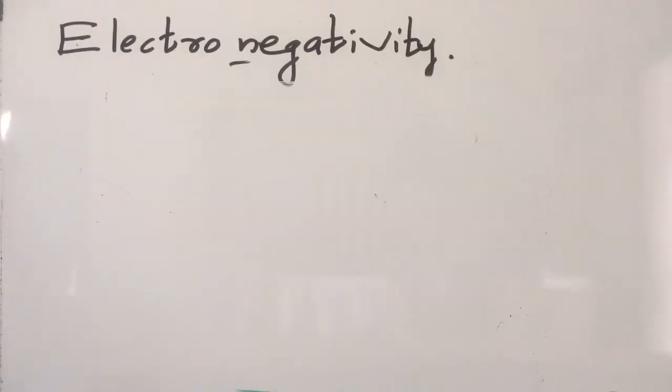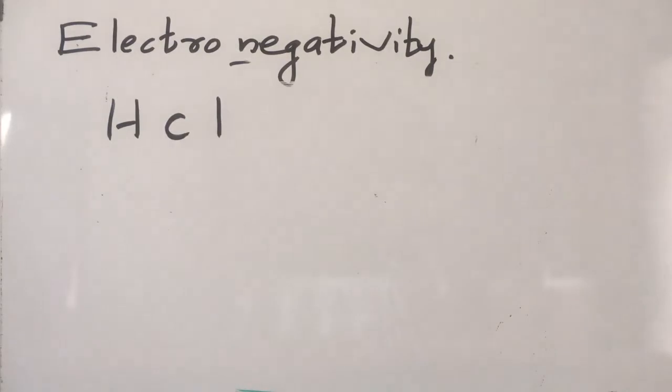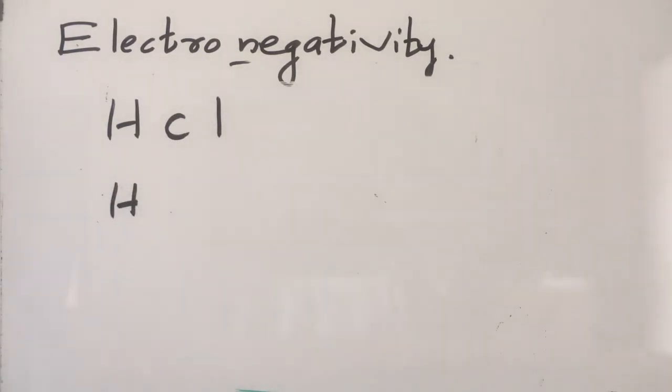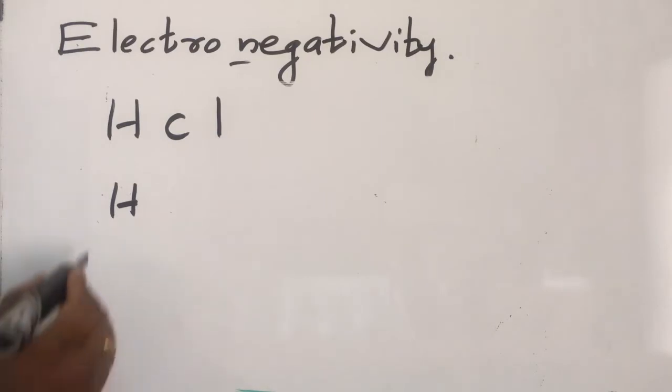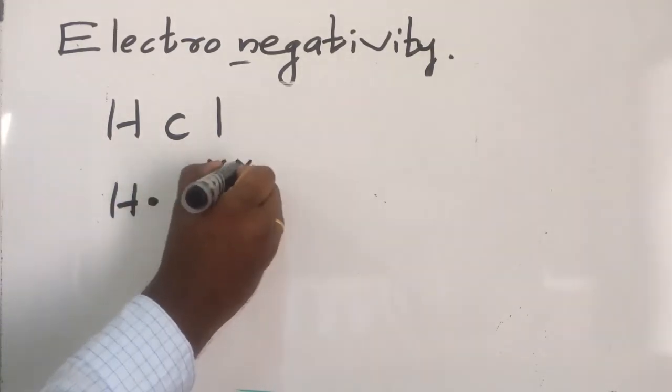The next important property related to the periodic table is electronegativity. Electronegativity can be easily understood from the example of hydrochloric acid, HCl. We know HCl is formed through a covalent bond. Hydrogen has 1 valence electron, chlorine has 7 valence electrons.